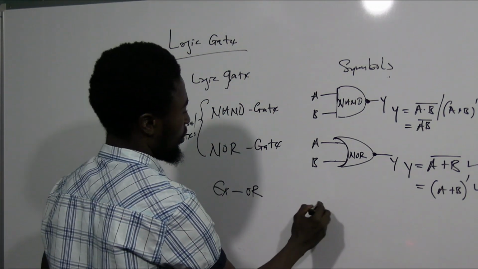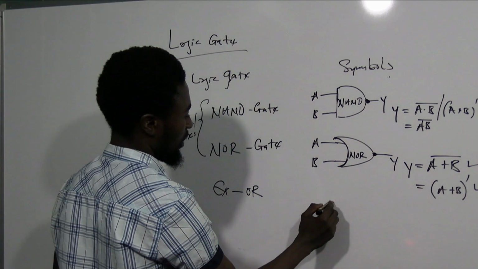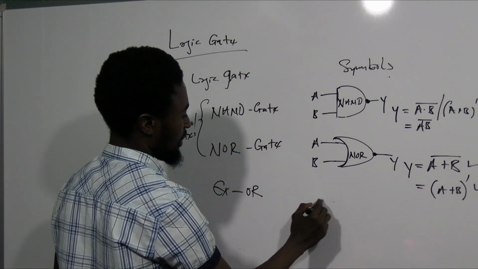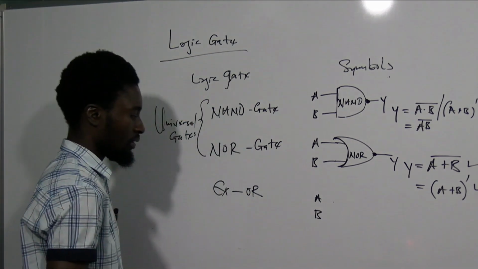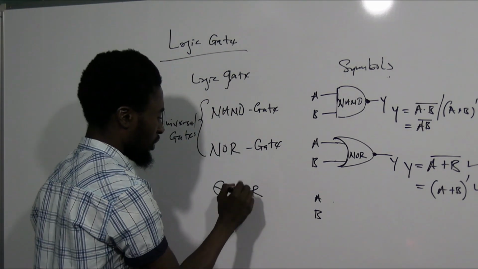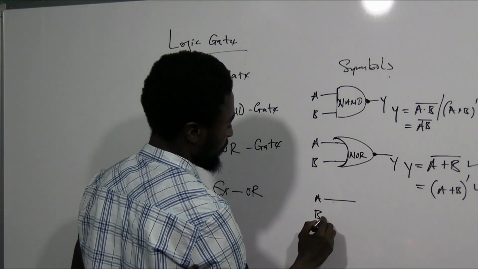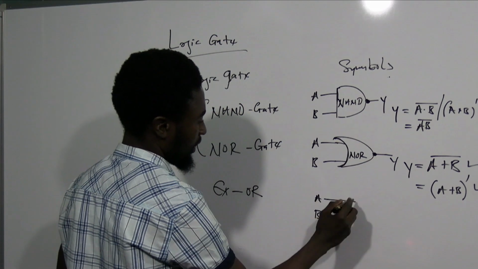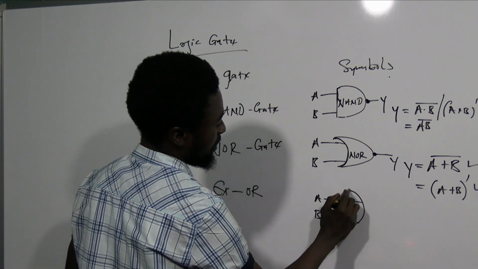Our OR gate is drawn, for example, taking two inputs, input A and input B. First, we draw the OR gate with input A and input B. Of course, this is our OR gate. So you draw this line, and there you have this.